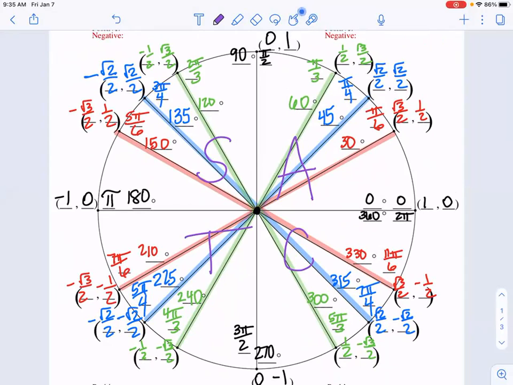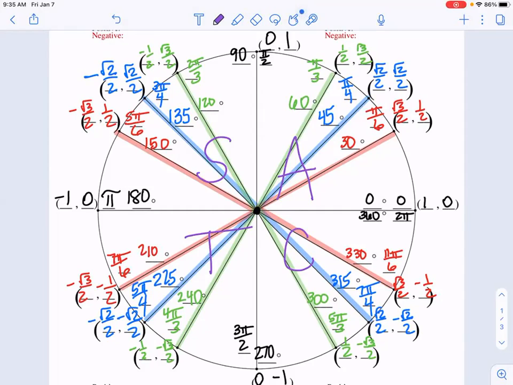Of our 3 main trig functions, this is who is positive. All of them are positive in the first quadrant. The sine is positive in the second quadrant. Well, look, all of our y coordinates are positive. The sine is positive.